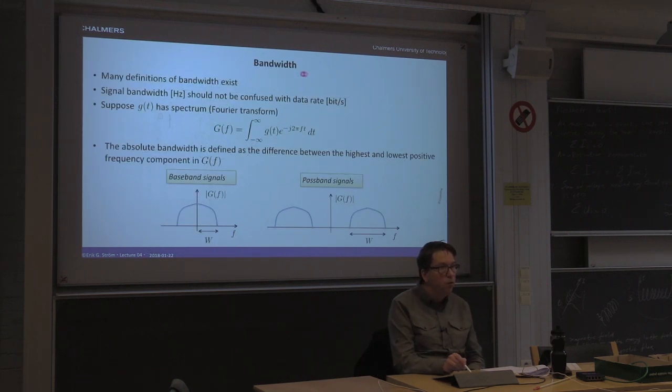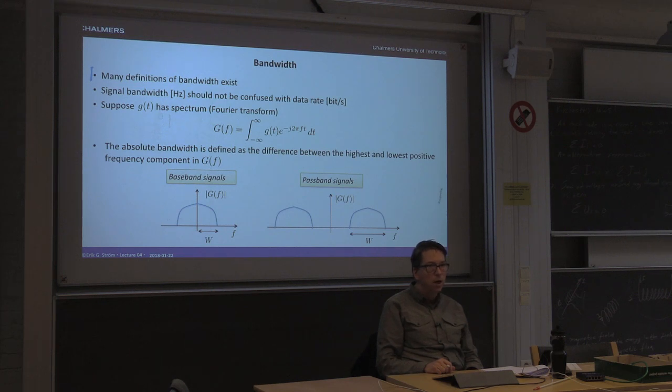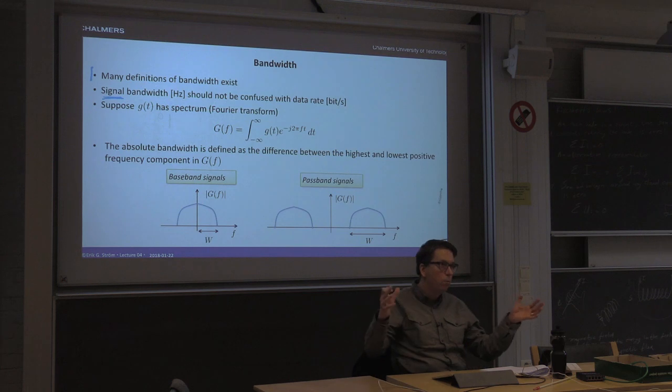So bandwidth. What do we mean by bandwidth? The first thing I would like to stress here is that there are many definitions of bandwidth. And the reason for this is that they are useful in different contexts. What we are talking about now is signal bandwidth, and this should not be confused with what is common in the books that you read in this class and other classes, which has to do a little bit more with protocols and so forth, because then bandwidth is typically measured in bits per second.